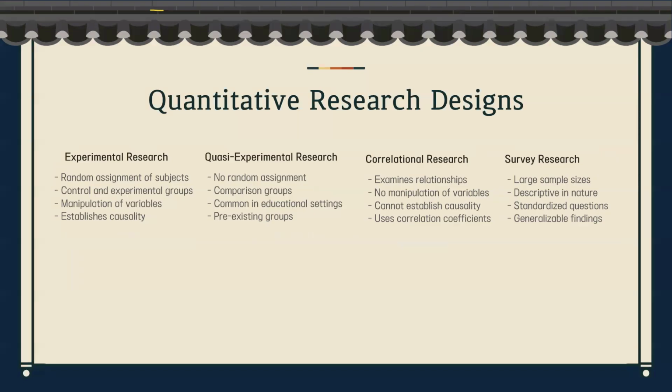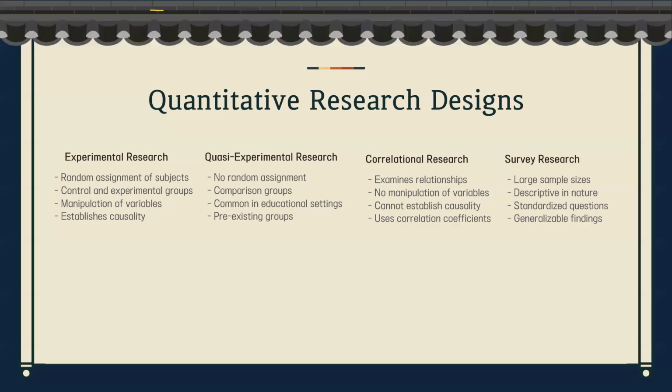You need to choose the right type of design. Experimental research is the strongest for finding causality, but it requires random assignment. Quasi-experimental research is very common in education because random assignment is often impossible.